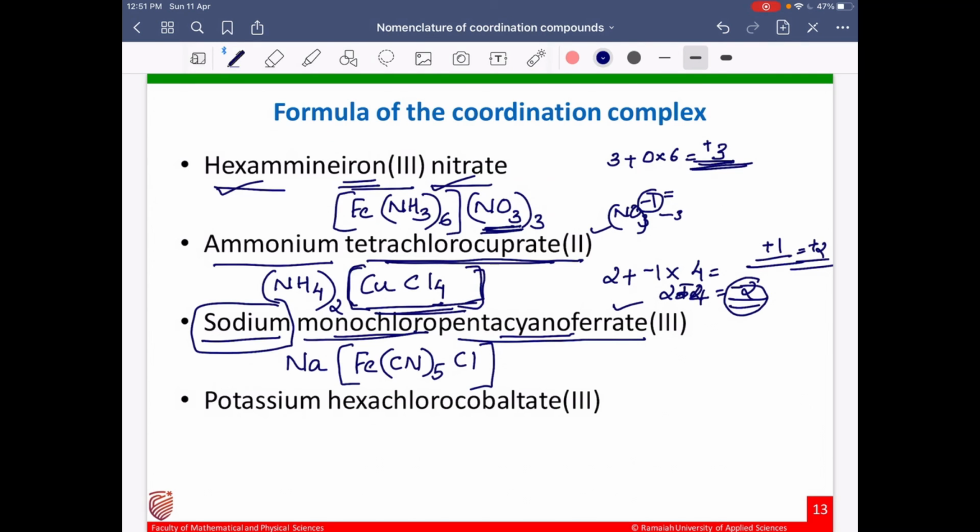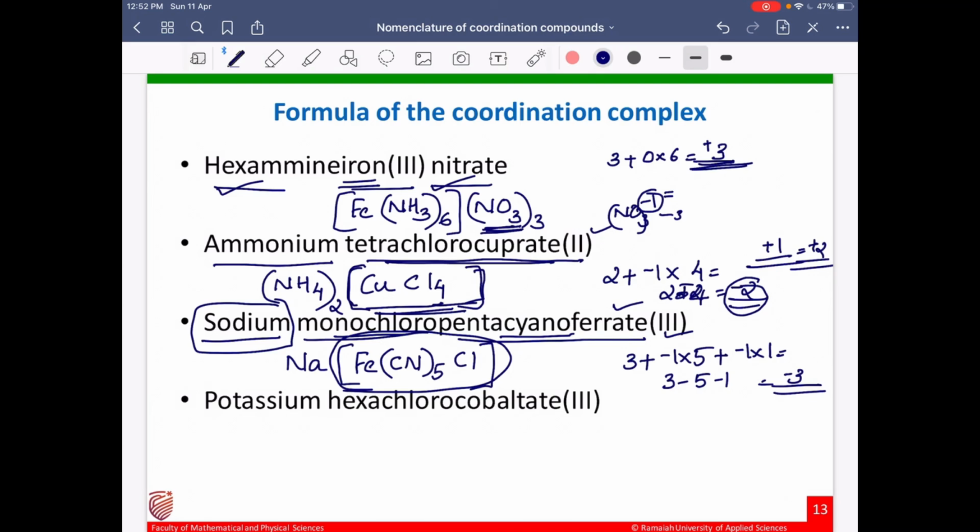How will we do that? For Fe, the oxidation state given is 3. Cyanide is -1 times 5, plus chlorine, -1 times 1. So the total charge of the complex ion is 3 - 5 - 1, which is -3.